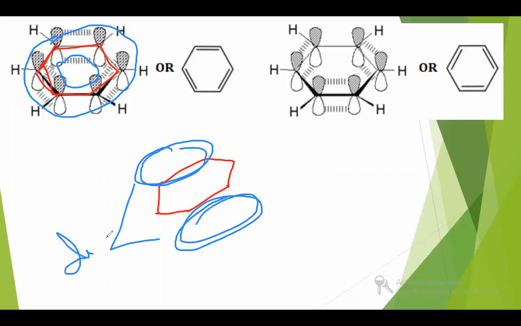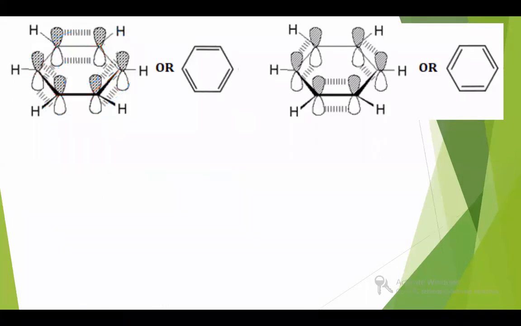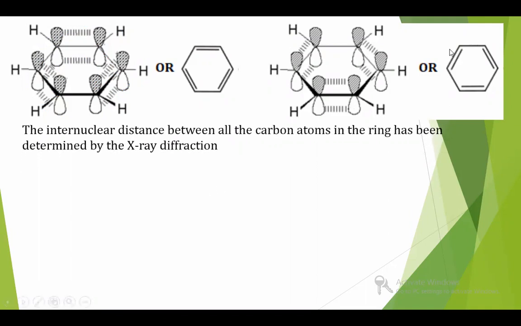This is what we call the doughnut structure. This was given by Kekulé. These two are not different, both are the same. There will be rapid movement of the alternate double bonds. The internuclear distance between all the carbon atoms in the ring has been determined by the X-ray diffraction method.